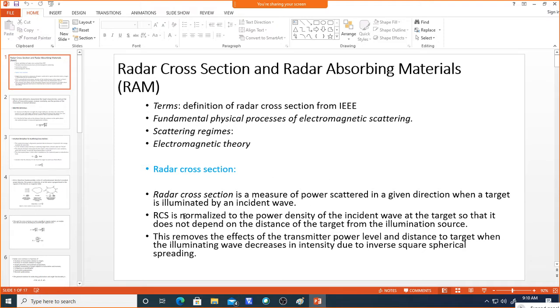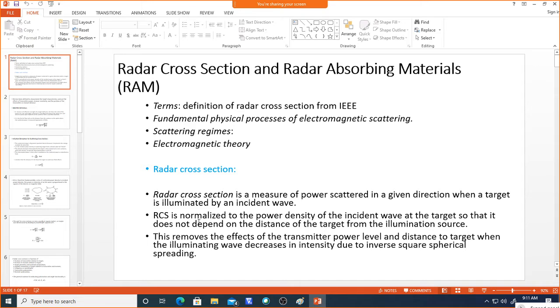Now here, one of the basic requirements for RCS is to normalize the power density. The transmitter power may be in terms of watts when you transmit, but in the receiving section you will be getting it in terms of microwatts, milliwatts, or nanowatts. So the power variations will be there between transmission and reception.